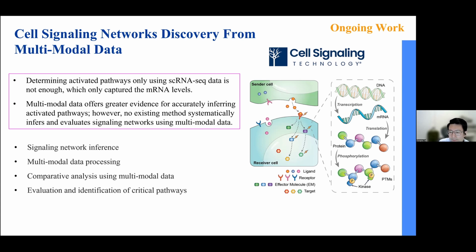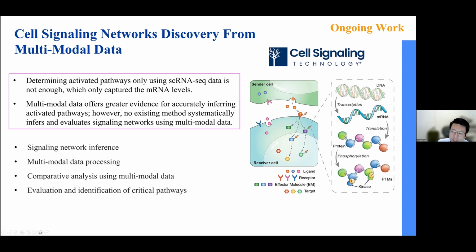The basic concept is that we still have ligand-receptor binding, TF activation, and target gene activation. But right now, for the RNA-seq data, we are at this level. What if we have proteomics data? And what if we have phosphorylation data?